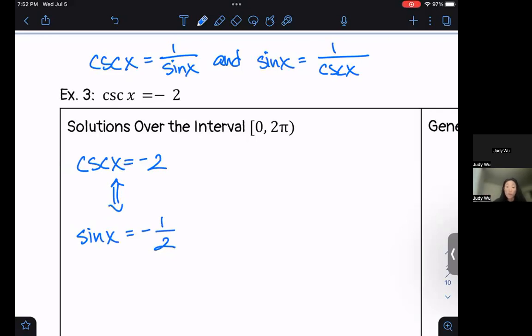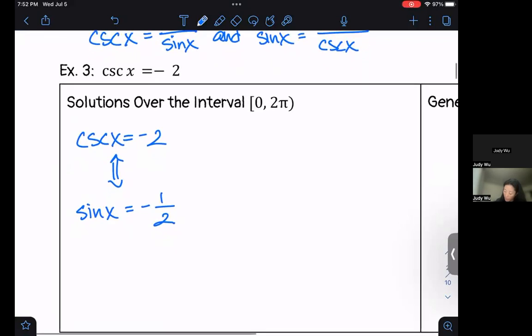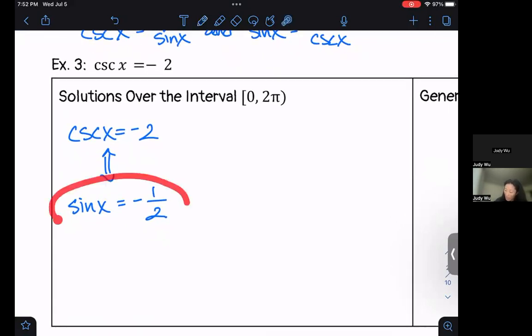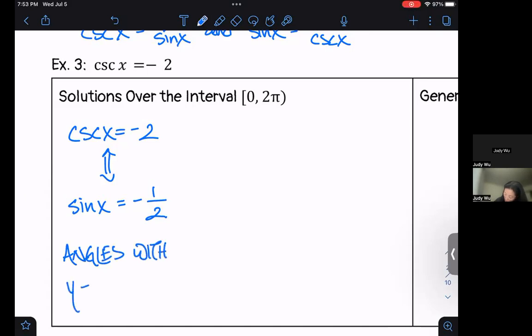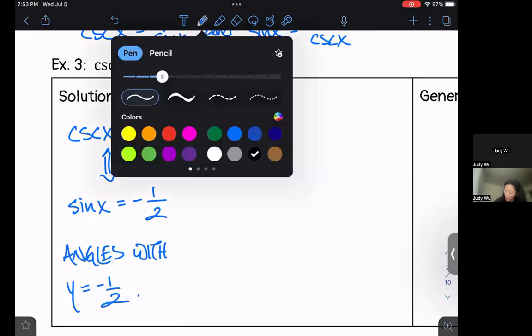That's where I get that 1 over 2 from. Okay. Now this, I think, is a lot easier for us to look for on the unit circle. So we're gonna look for angles with y equals -1/2. That's what we're looking for, okay?